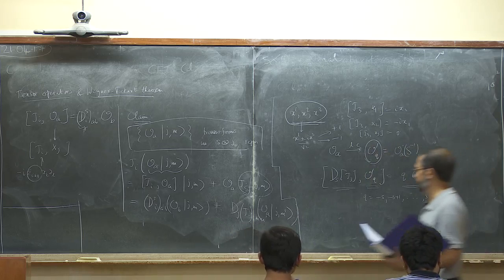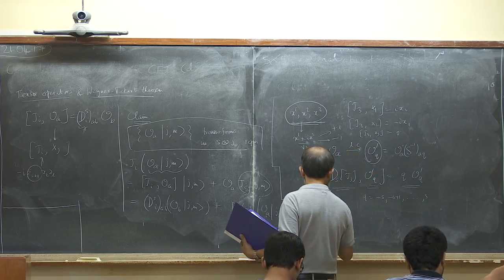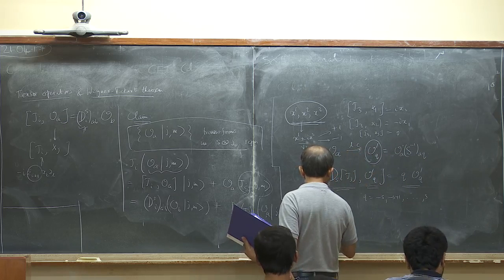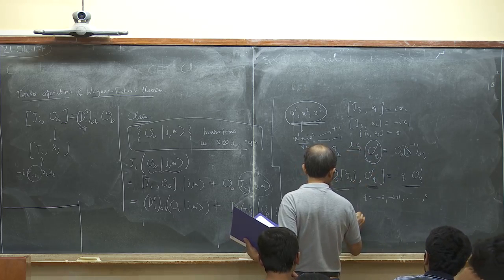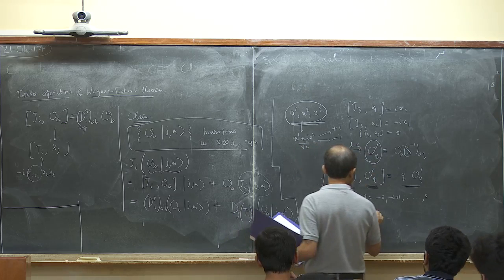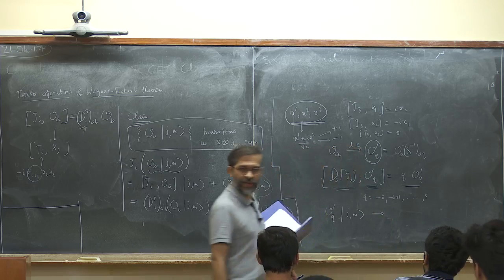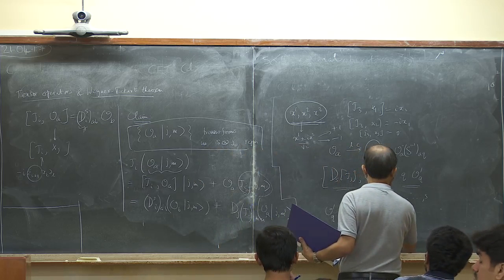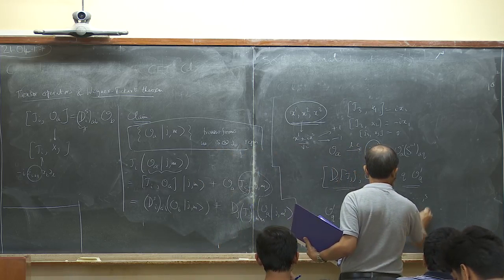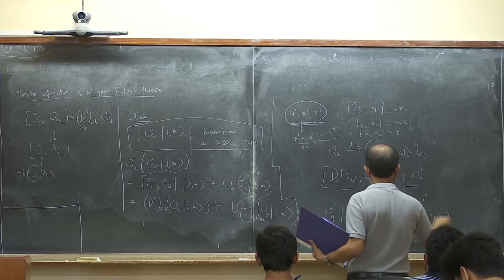Now I claim that applying O_Q on a state |J m> is, representation theory wise, very similar to doing the following operation: |S Q> with |J m>.